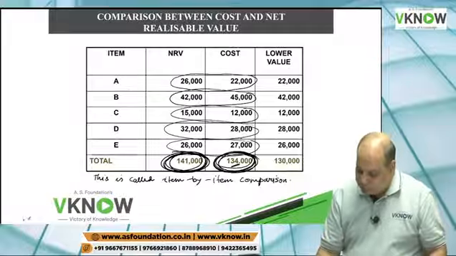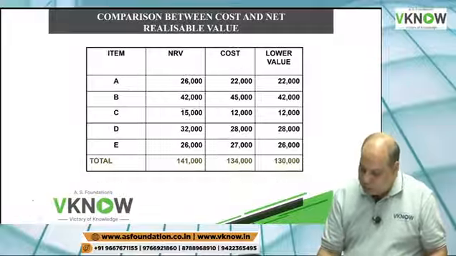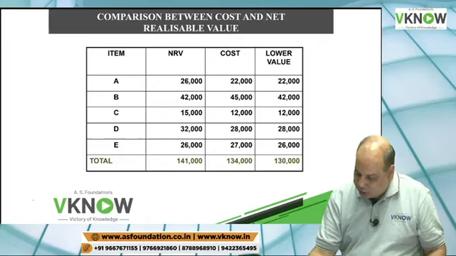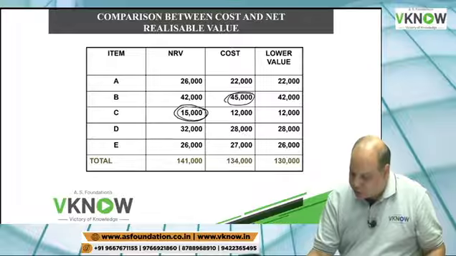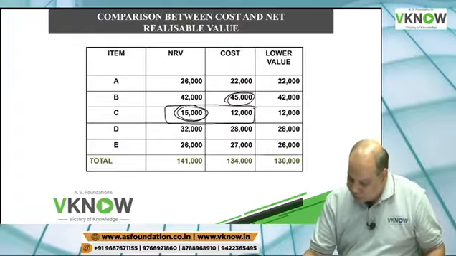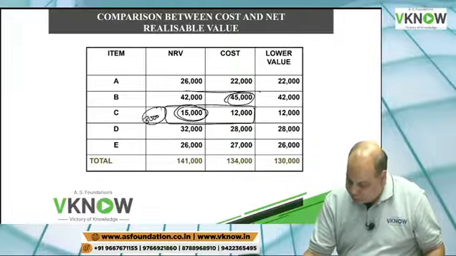Why is it wrong? If you apply the global approach, sometimes the profit of one item will compensate for the loss of another item. You can see in C there is a 3,000 rupees profit, whereas in B there is a 3,000 rupees loss.